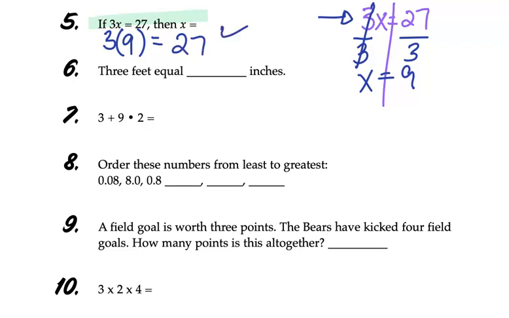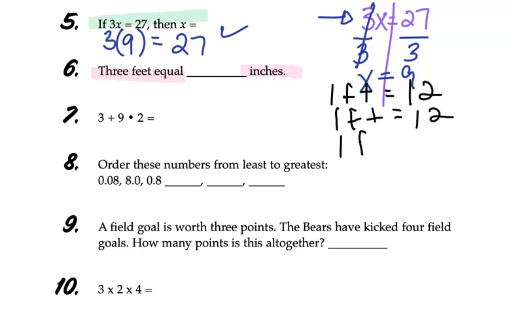Okay? All right, so let's look at the next one here. 3 feet is equal to how many inches? I know that 1 foot is equal to 12 inches, right? So another foot would be another 12 inches.